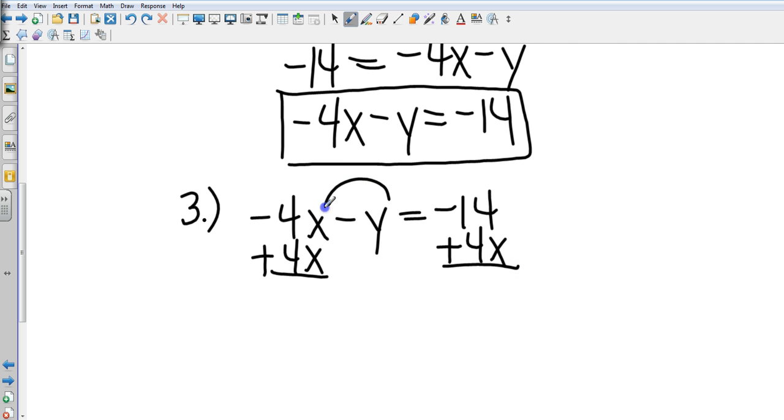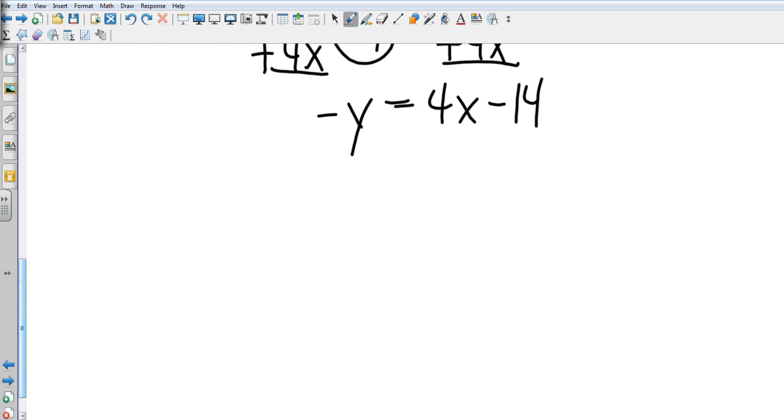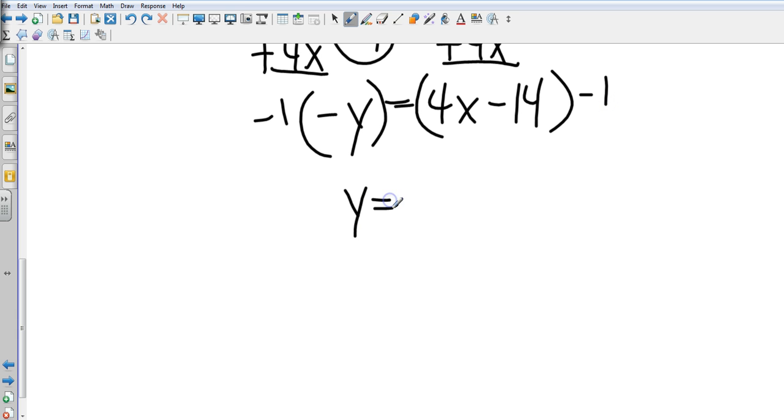That gives me, don't forget, there's a negative attached there, negative y equals 4x minus 14. Because I want to know what positive y is, this is where we multiply both sides by negative 1. That gives me y equals negative 4x plus 14.